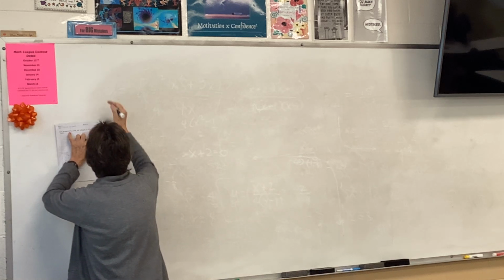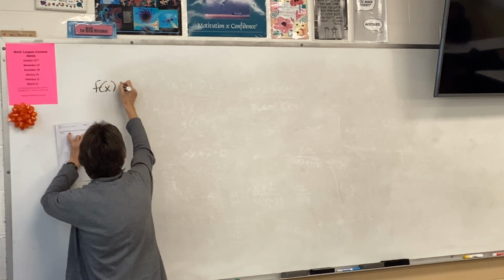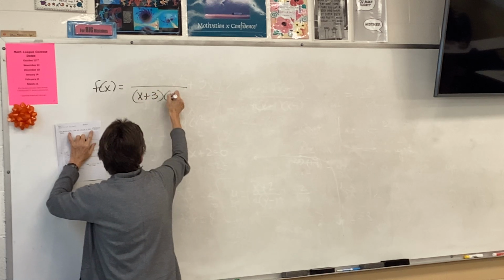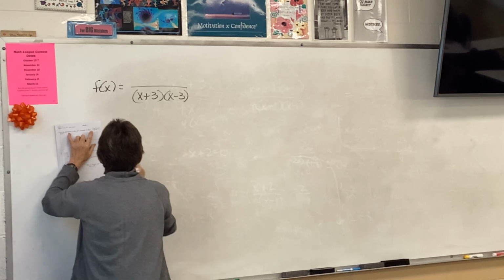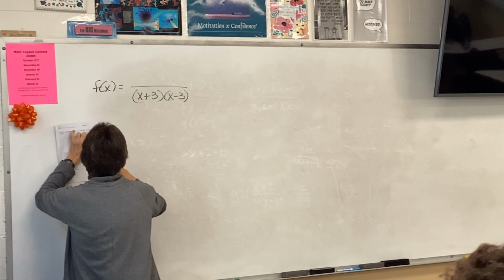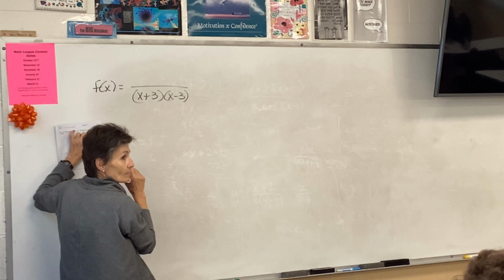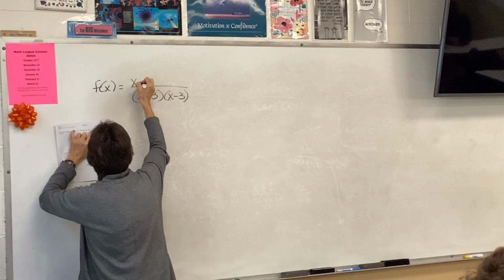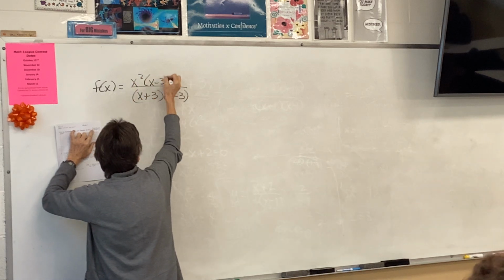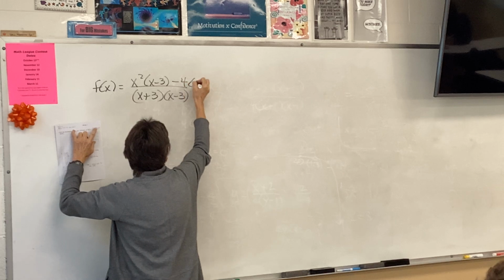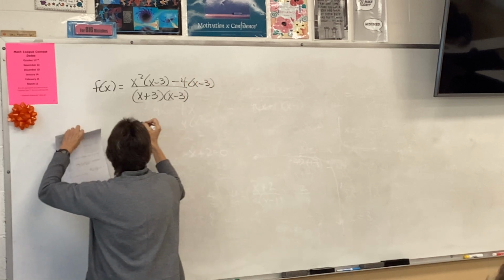So it looks like the bottom's easy, right? And the top, it looks like I'm gonna factor by grouping maybe, right? So x squared, x minus 3, minus 4, x minus 3. How does that look, everybody?